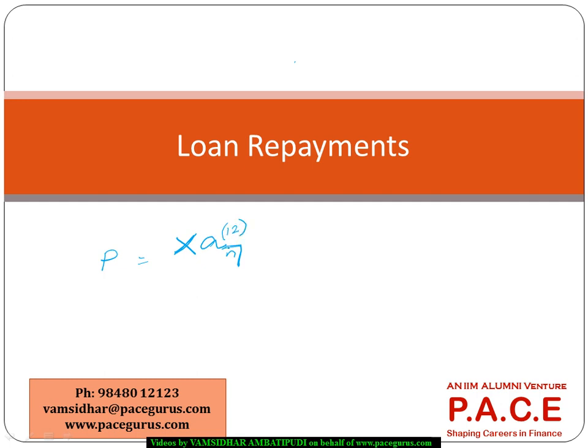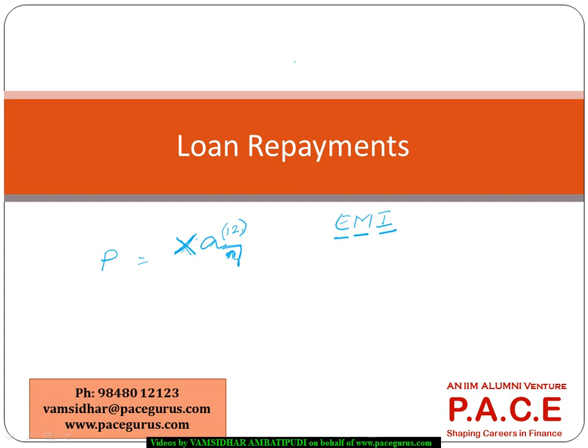The payment may happen on a monthly basis. That is the most common term we use, EMI, equated monthly installment. Whenever we use this concept of EMI, with X being paid every month, I am trying to find the present value of this annuity, assuming you are paying for n years.